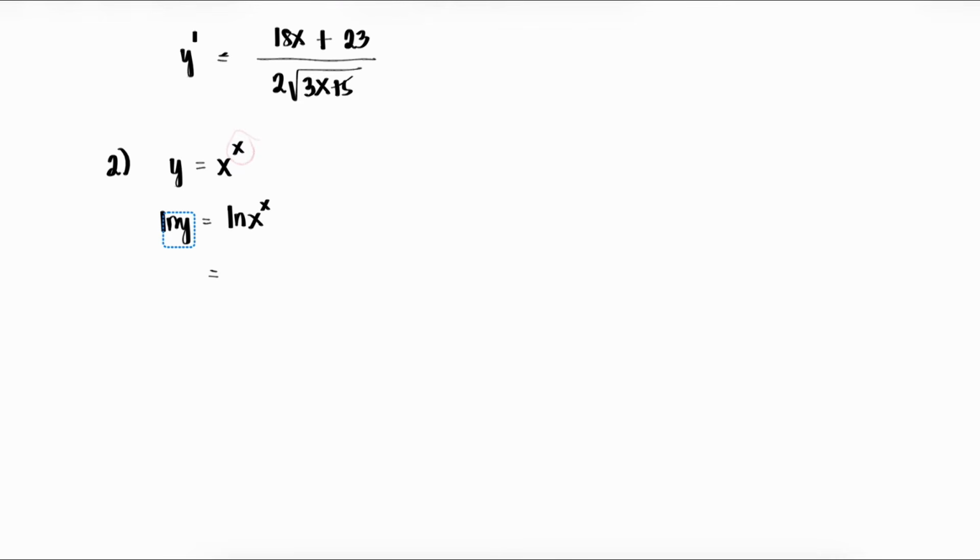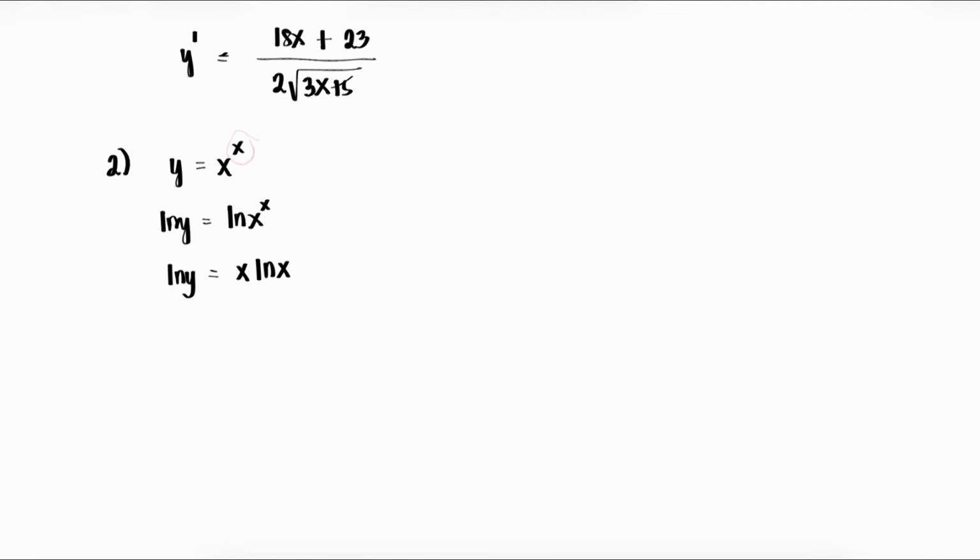And then using the formula, x ln x equals ln of y. Because we cannot split this anymore, since there's only a single ln, it's now a product of x and ln x, so we are going to use the product rule.